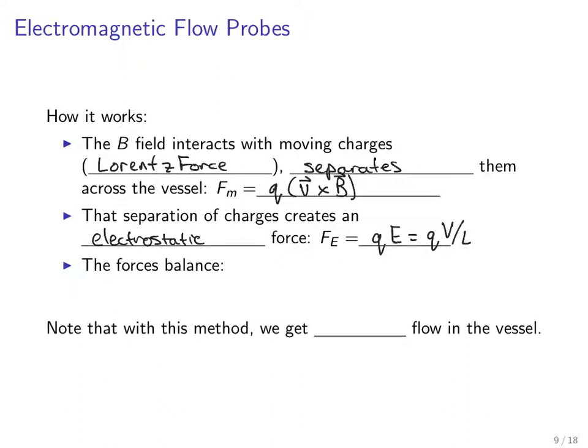The forces balance, that is, F sub m equals F sub e, which means that Q times the velocity times the magnetic field, this here is assuming that the velocity is perpendicular to the field, is equal to Q times the voltage divided by the diameter, which means that the voltage that we measure is equal to the magnetic field B times the diameter L times the velocity v.